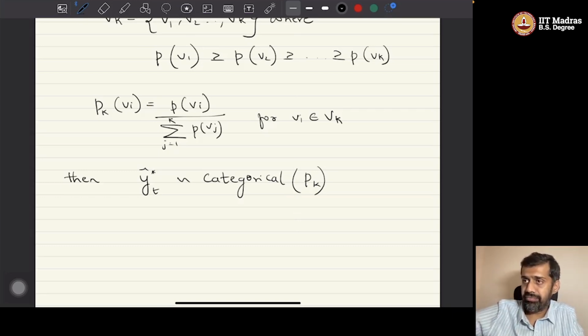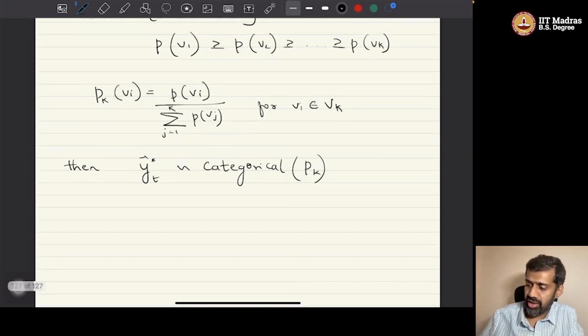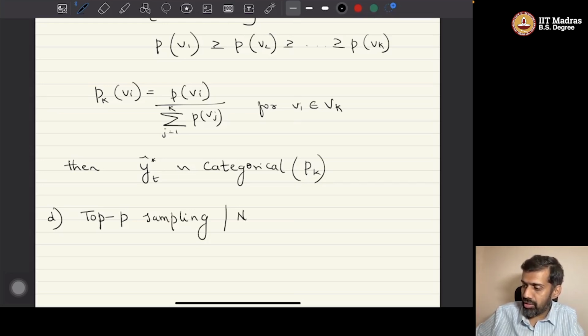Now there is one other idea, an improvisation over this, which is called top p sampling, also known as nucleus sampling.